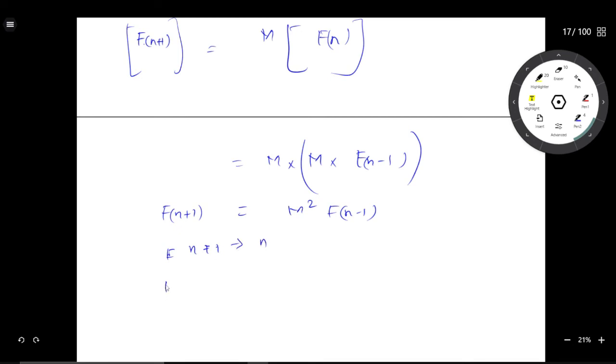So what is f of n? F of n is equal to m squared f of n minus 2.